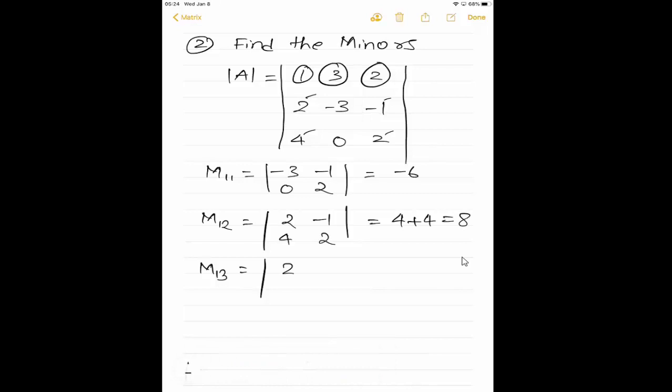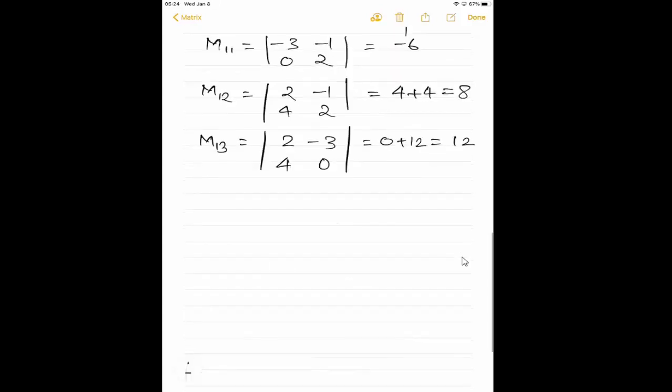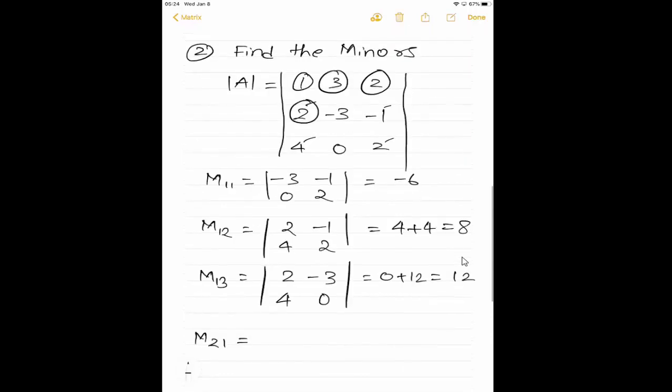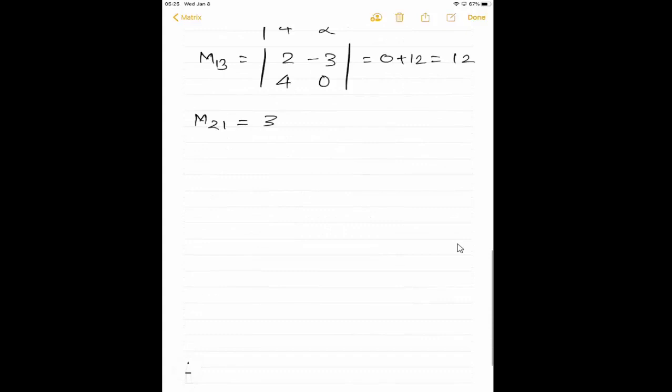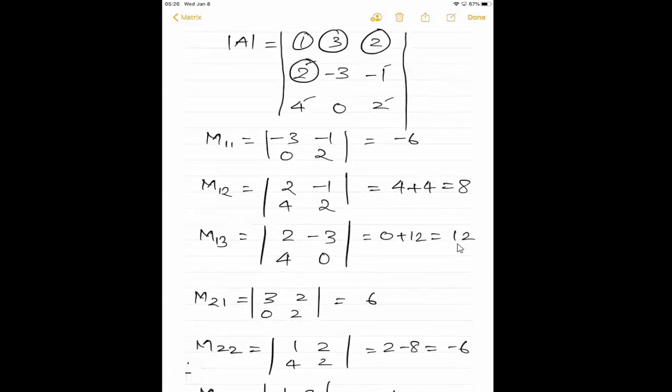Then 2, minus 3, 4, 0, which is equal to 0 plus 12. Now M of 2, 1. 2, 1 means for 2, 3, 2, 0, 2. Like that we have to do for all the minors. 6. Like this for each number we have to find the minor.